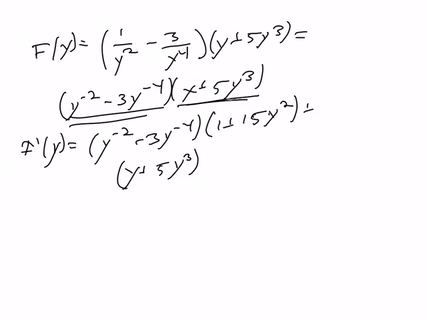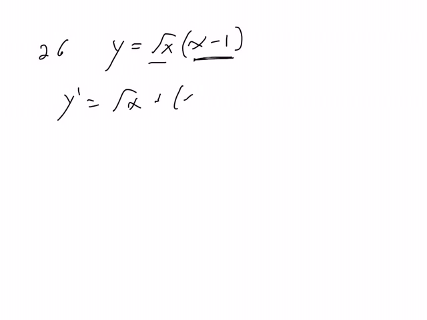Take the derivative of this, it's negative 2y to the negative 3 minus 3 times negative 4 y to the negative 5. That's that problem.